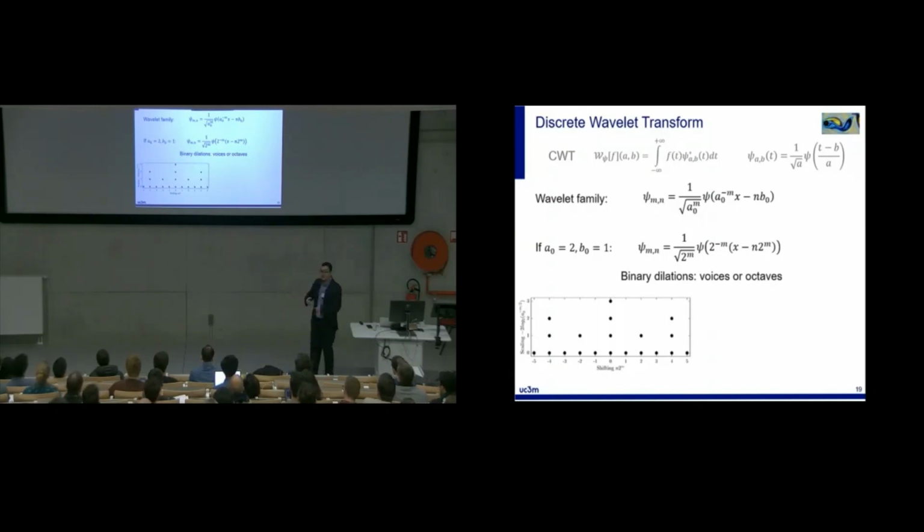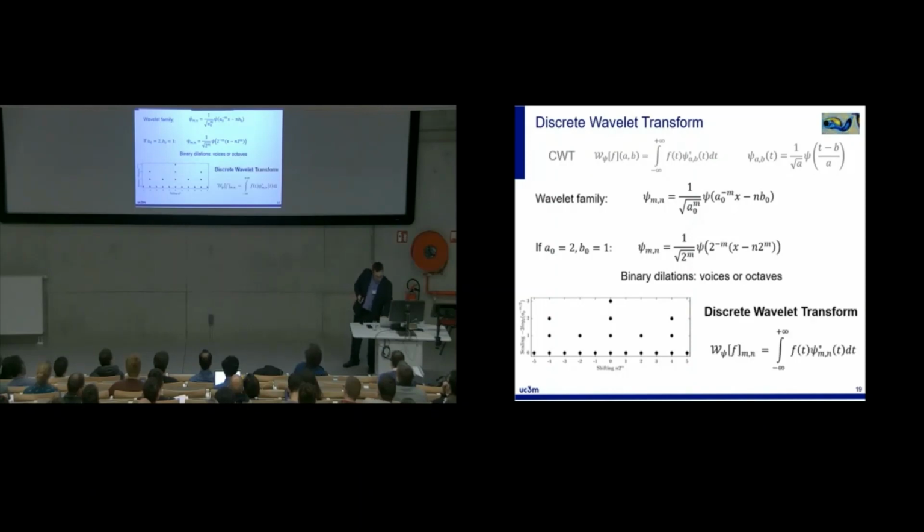And in that case, since it is wider, it makes no sense to sample at the same interval. So what you do is translate by a factor of 2. And then you keep going, and what you get is that for the large scales, you have spacing that goes with the powers of 2 of m. So this is the discrete wavelet transform. I'm putting it there as an integral, but actually you can easily write it as a discrete sum.